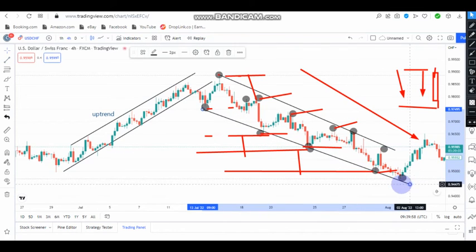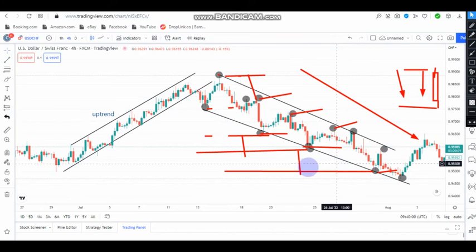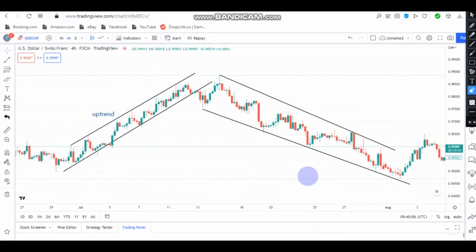It must not touch the candles. Connect like this. Now let me erase all this. So that is your uptrend and this is a downtrend, guys. Simple as that. You can see the price is always going down, going down, going down. Here the price is going up, pushing up, pushing up, guys. It's as simple as that.